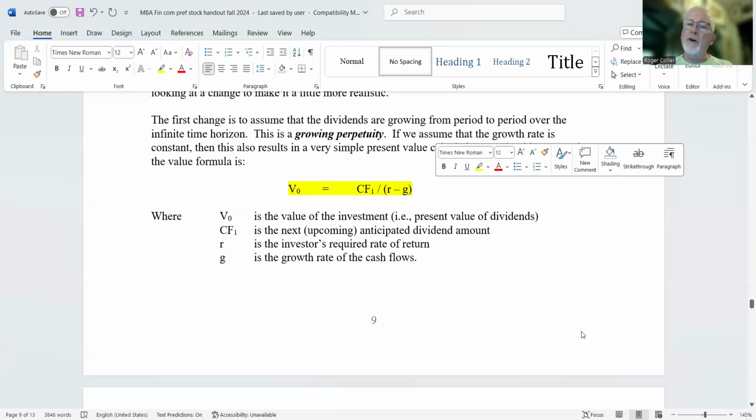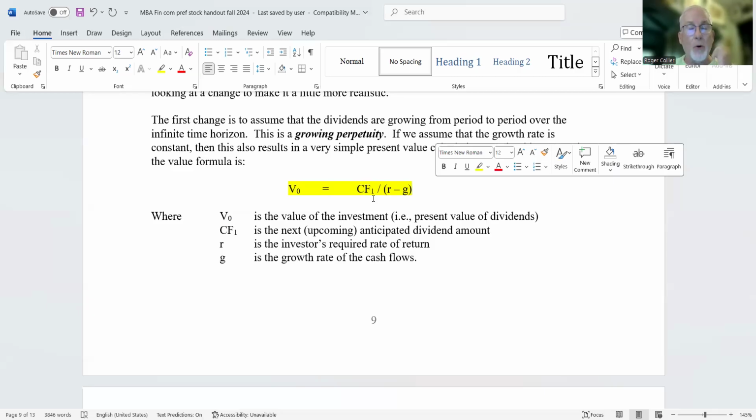The value of a growing perpetuity is CF1, or it could be div1, dividend 1. Again, that subscript refers to the timeline. Now, 1 is the next one, the upcoming one, the one we have not received yet, but will happen at the end of the next period.